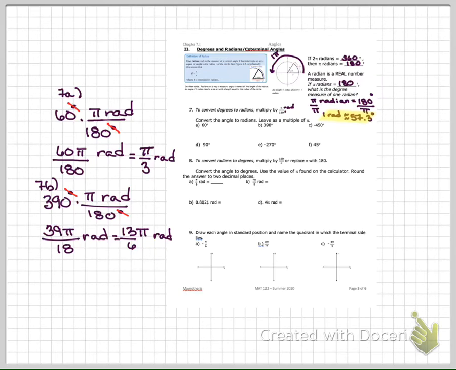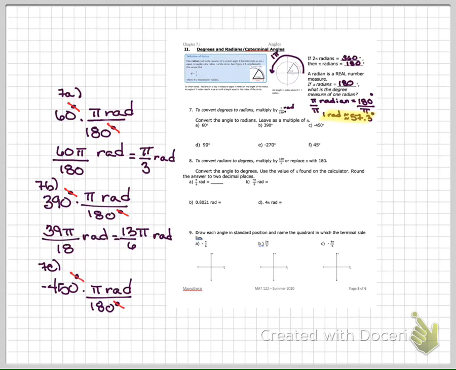Okay, 7c, we have a negative 450 degrees. We are just going to keep doing what we've been doing. So times pi radians over 180 degrees, because that is our conversion factor. Pi radians equals 180 degrees.